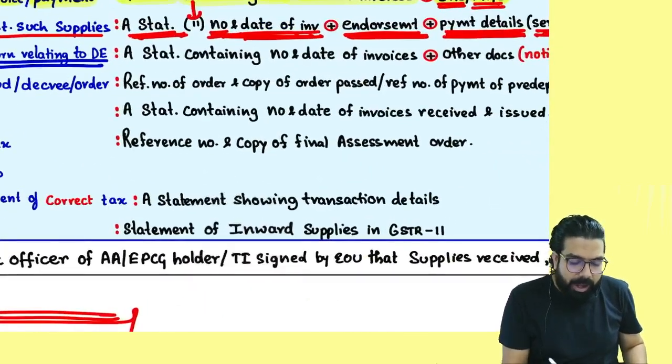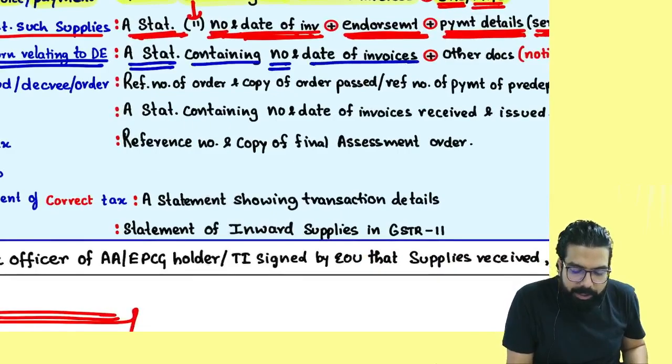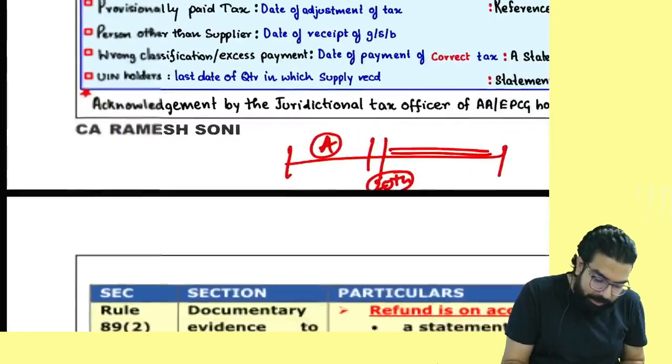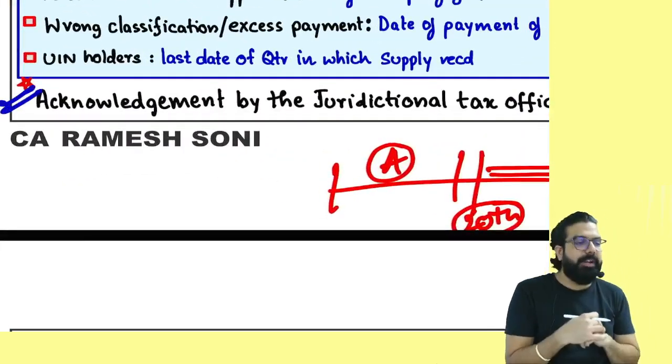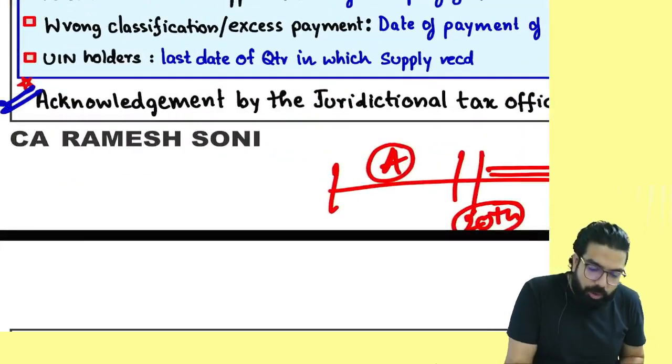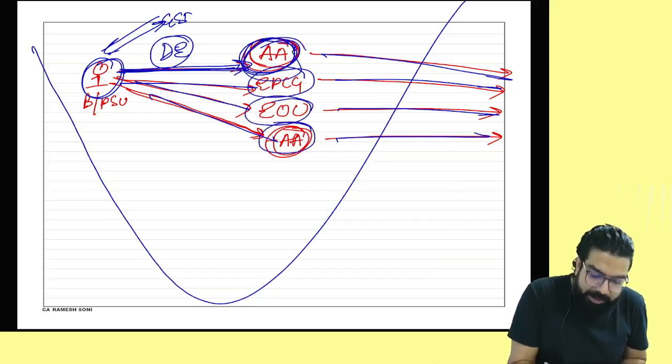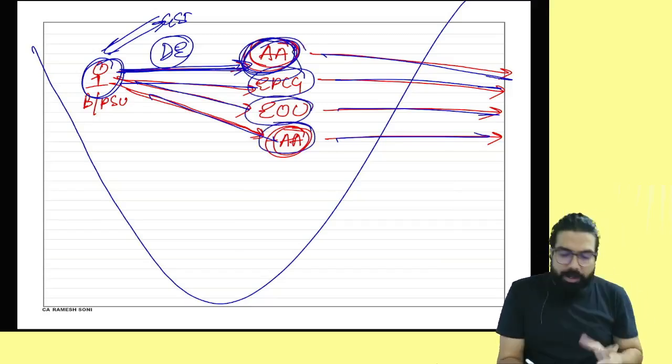Then along with that you should give a statement containing the number and the date of invoice plus the other documents which are notified, which I have written down here. You have to give a document showing that you have supplied to these people and they have received the supply. What is that document?